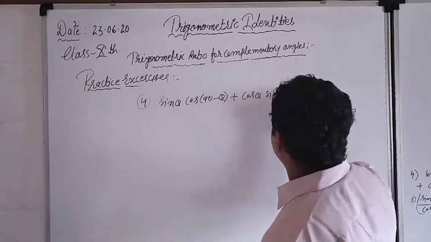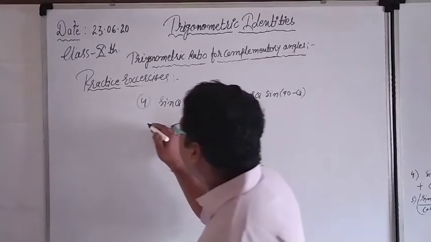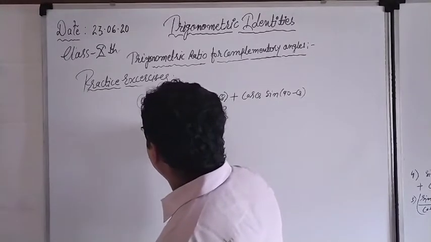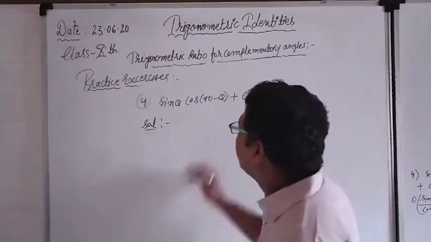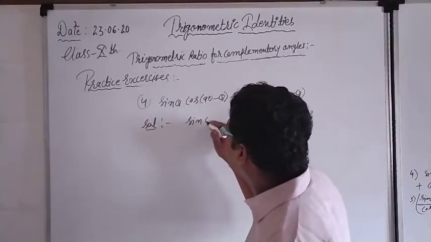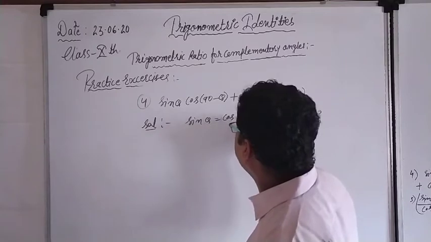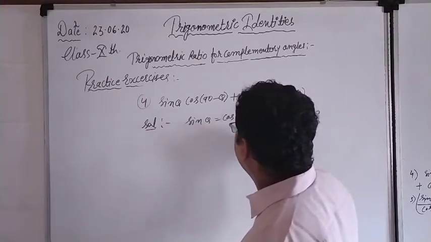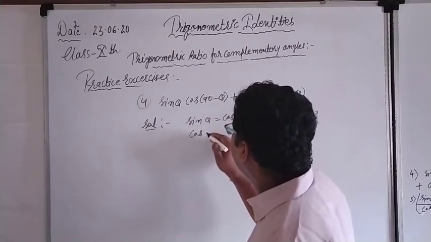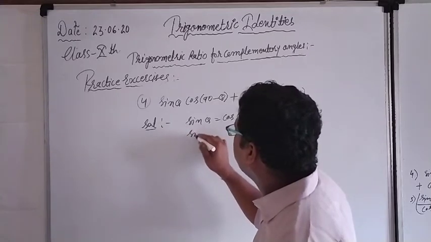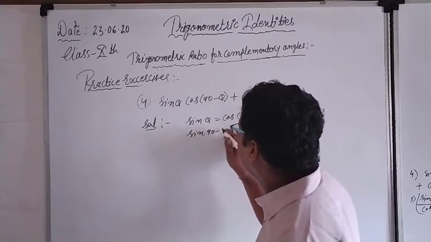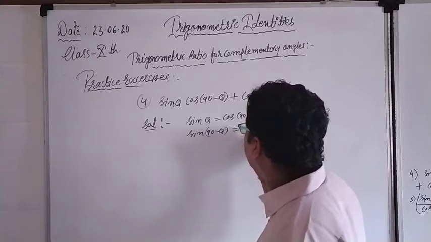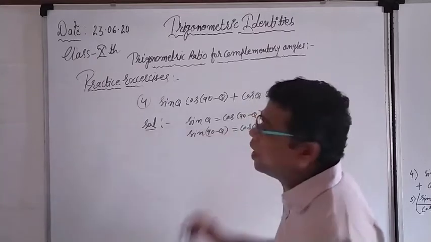Now see, we know the basic identities. What are the basic identities? Sine theta is equal to cos of 90 minus theta, and sine of 90 minus theta is equal to cos theta. These are the basic identities.